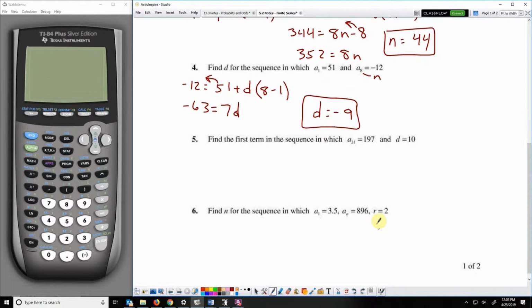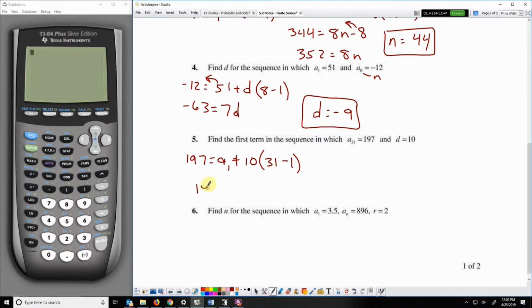Find the first term in a sequence in which the 31st term is 197. We want the first term, so a sub 1 equals, the common difference is 10. That shouldn't be an equals there, that should be plus. Plus 10 times n is 31, so that's 31 minus 1.